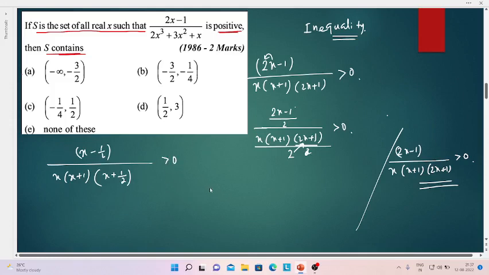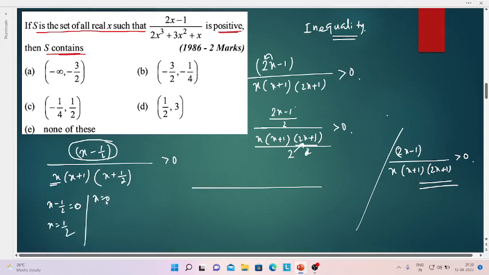So if we just write down the real axis, and if we just putting all the factors equals to 0, so what we will have, if we put x minus half equals to 0, so we will have x equals to half, right? If we put x equals to 0, we will have x equals to 0. If we put x plus 1 equals to 0, we will have x equals to minus 1. If we put x plus half equals to 0, we will have x equals to minus half, right?